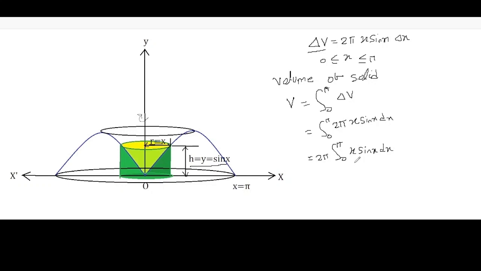Here inside the integral we have two different functions. One is the algebraic function x, another is the trigonometric function sin x. So here we have to use the integration by parts formula to find the value of the integration, that is the value of the volume of the solid.